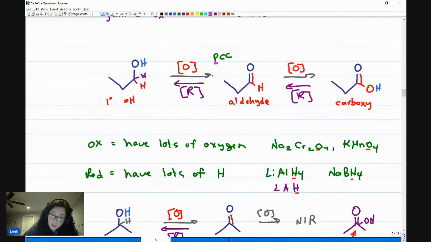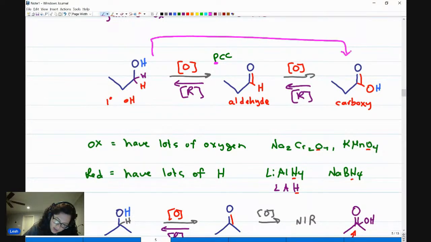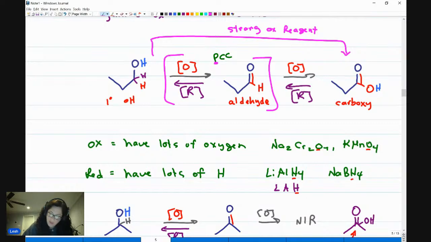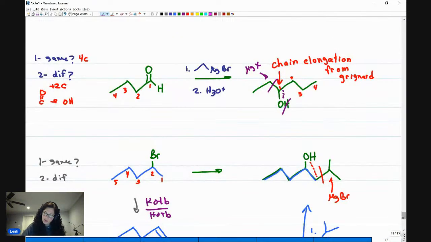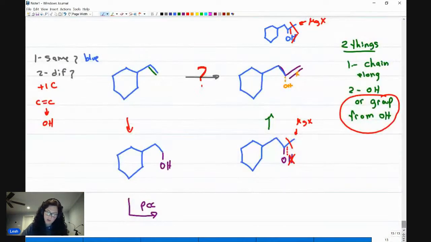P for prude, it doesn't go all the way. The rest, any strong oxidizing reagent, will go all the way. PCC is the only one that will stop right there, which is important because we need PCC right now to give me just the aldehyde, not the carboxylic acid, because the carboxylic acid would destroy the reaction.